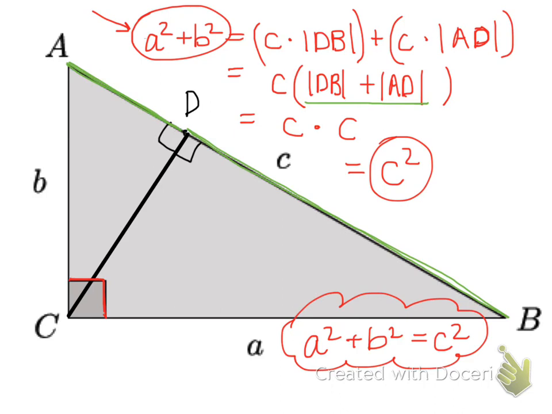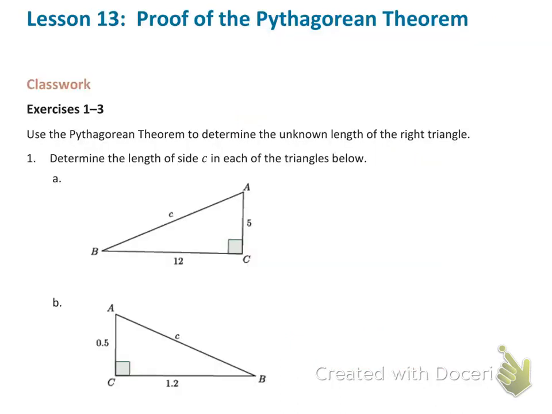All right, so now we're going to look at just some problems using the Pythagorean theorem. Okay, so now we're going to move on to the classwork that you have in your notes.